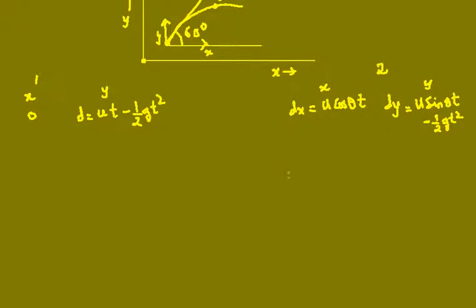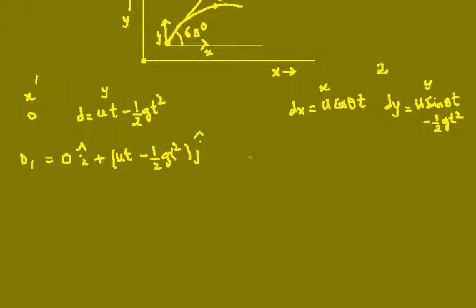So if I represent the x component and y component of the vector of the displacement, the displacement of body 1 would be equal to 0 into i cap, where i is the unit vector in the x direction, plus ut minus half g t square into j cap.